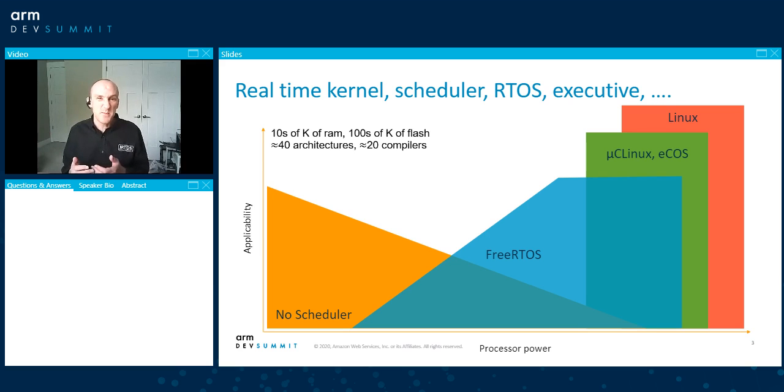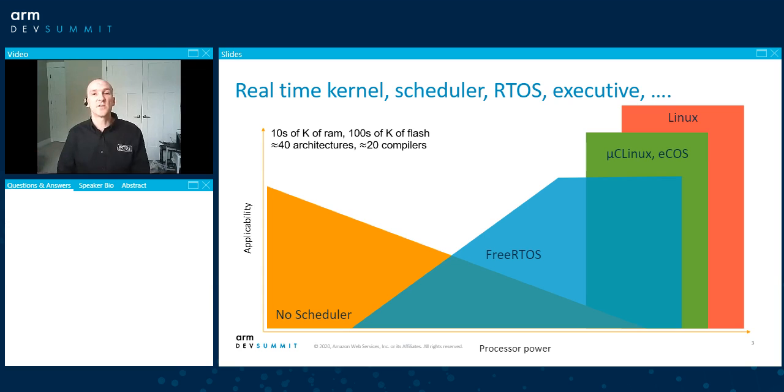It typically is in the 8-bit space, but where the FreeRTOS line going up crosses with the orange, which is no scheduler going down, that's where using multi-threading can be more beneficial than not. It's very subjective where the cross point is, but that's typically in the Cortex M0 kind of space.